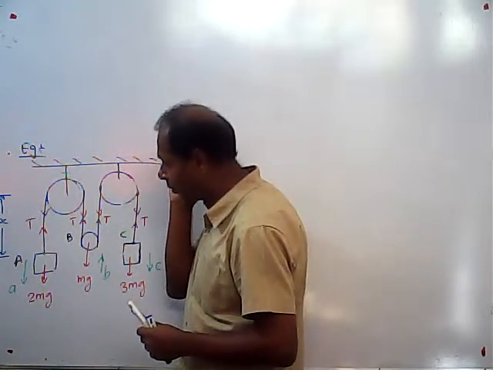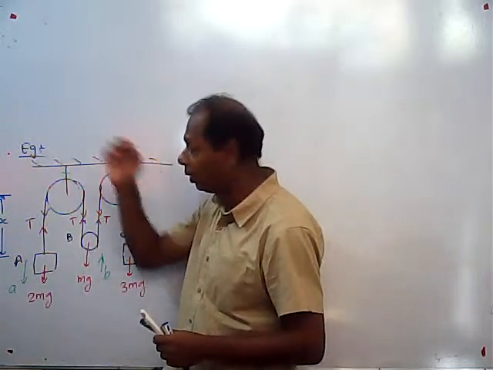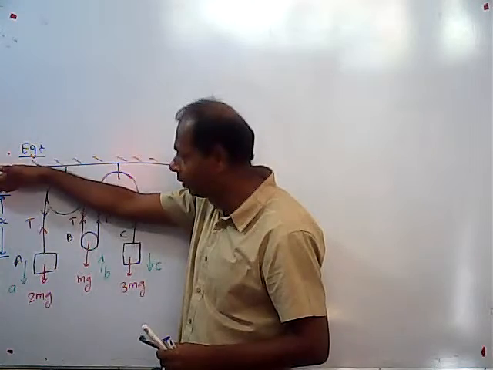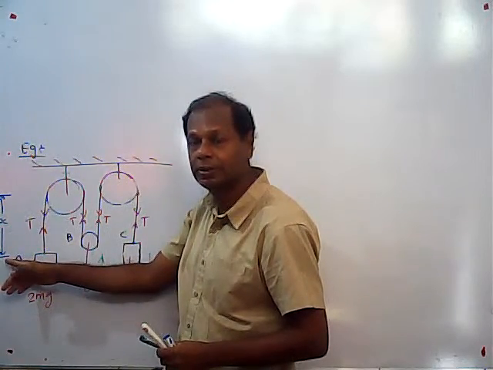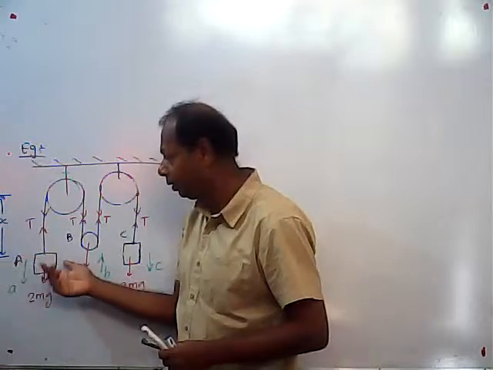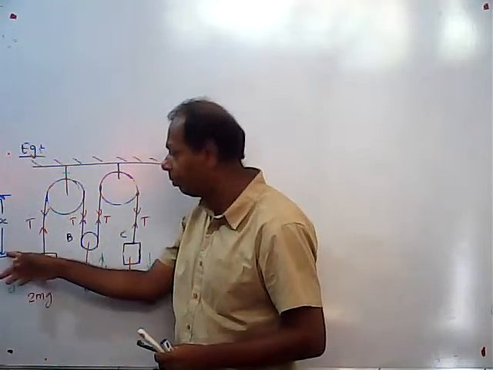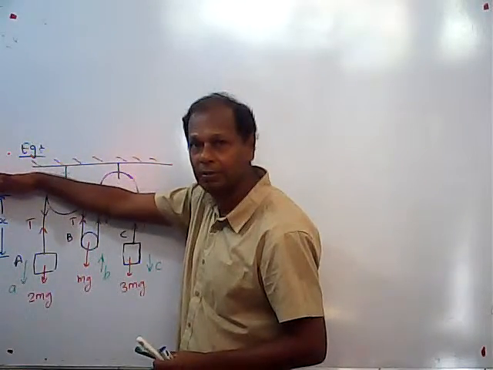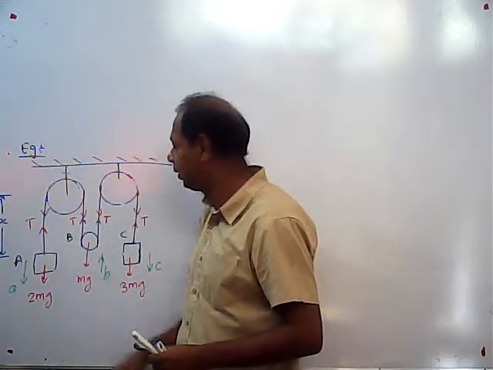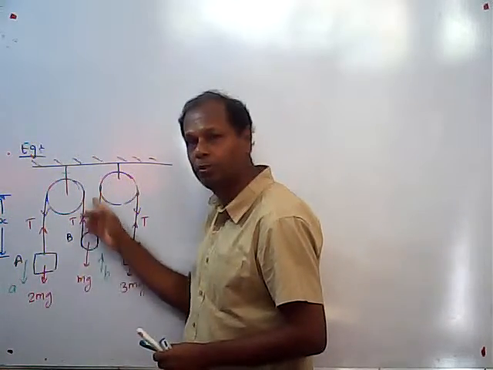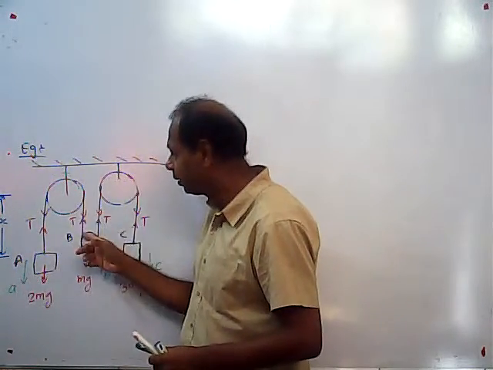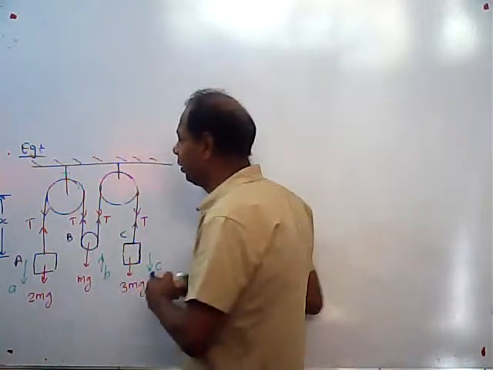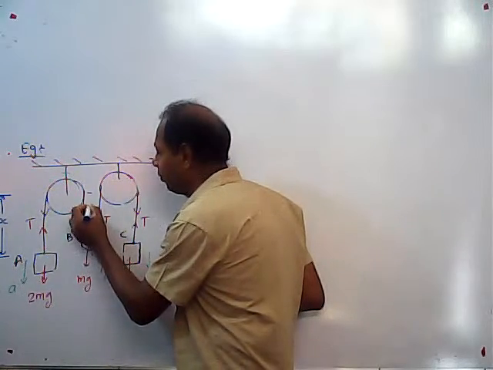Understand it clearly: this is my reference point, and from here to here I measure the position of the moving part. Similarly, as the pulley moves up or down, this length will vary, so I give some name to that part also, say some y.